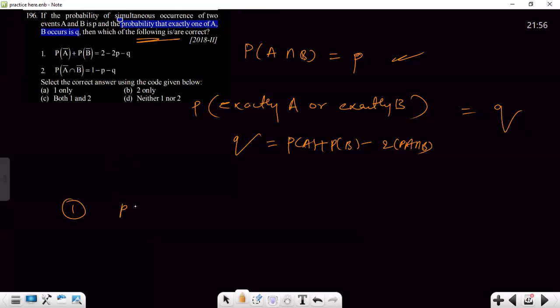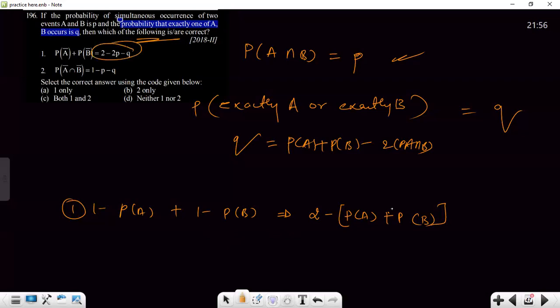Probability of A bar can be written as 1 minus probability of A, plus 1 minus probability of B. So it makes it 2 minus probability of A minus probability of B. So this has to be equal to 2 minus 2P. That's the RHS. We'll talk about it later.